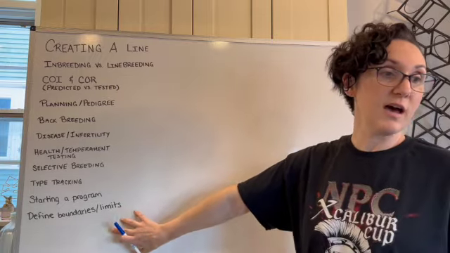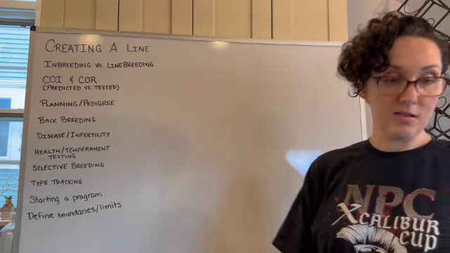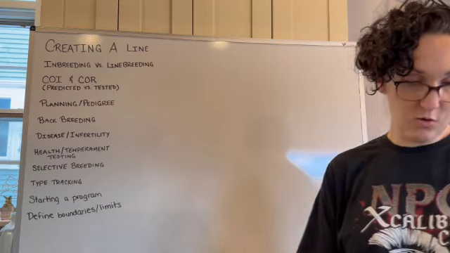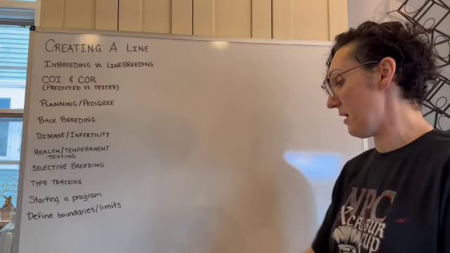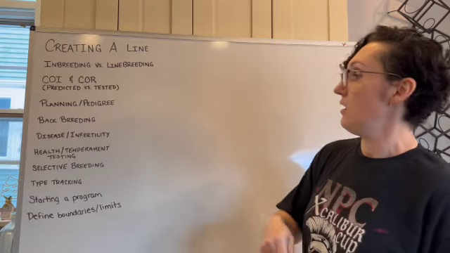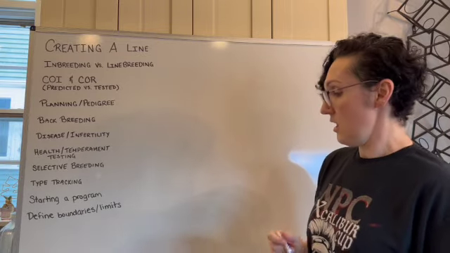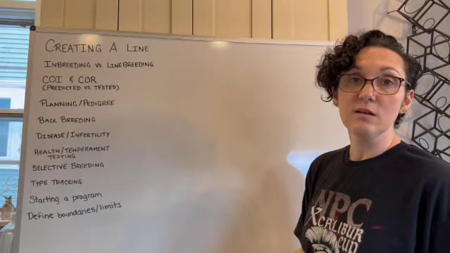And there's a lot of things that you can ask yourself to set that up. So, things to think about before you start your line, before you start inbreeding and line breeding. Are you willing to cull puppies?